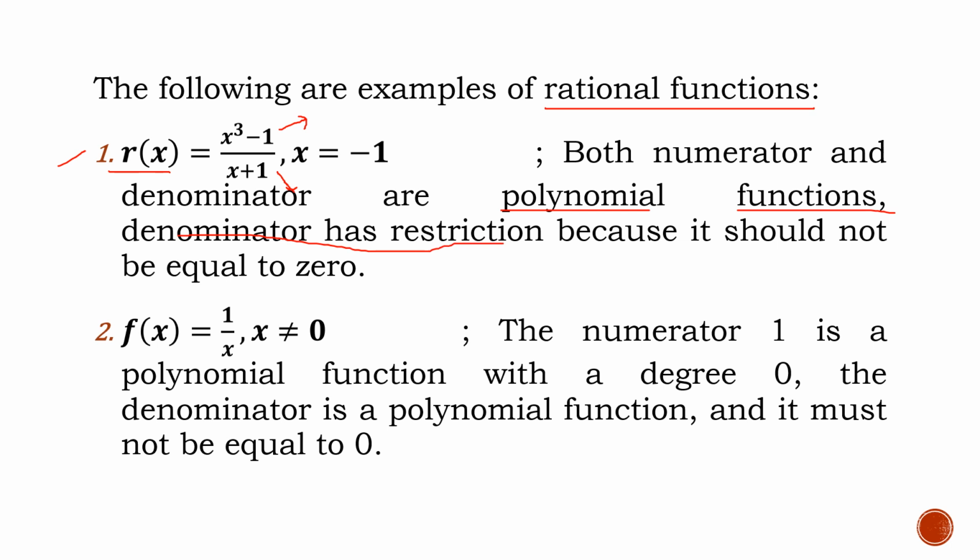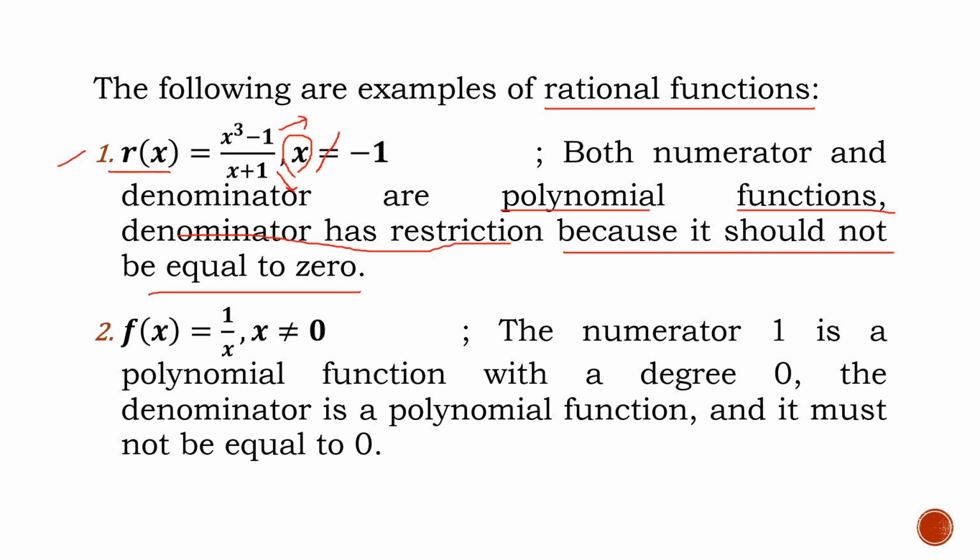The denominator has a restriction because it should not be equal to 0. So we need to check that x should not be equal to -1, because if it is -1, it makes the denominator equal to 0.